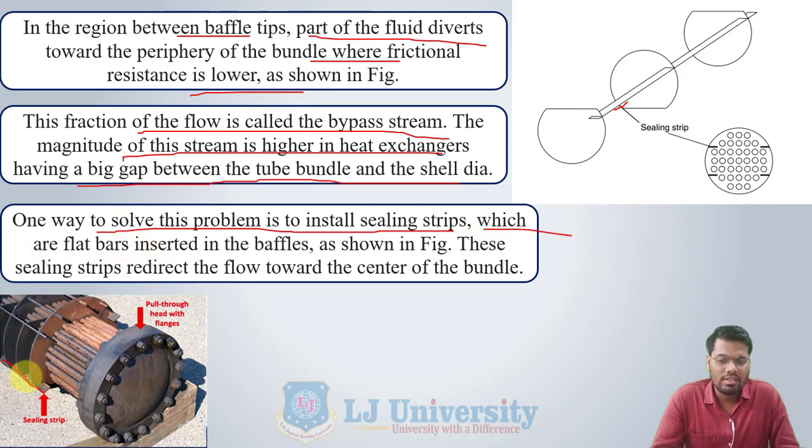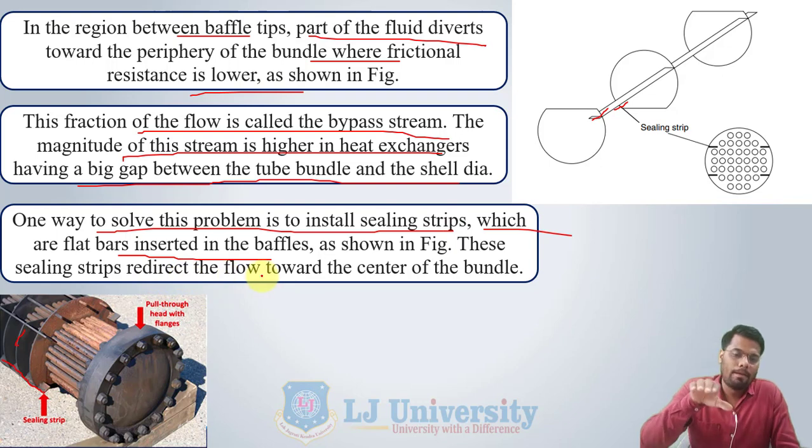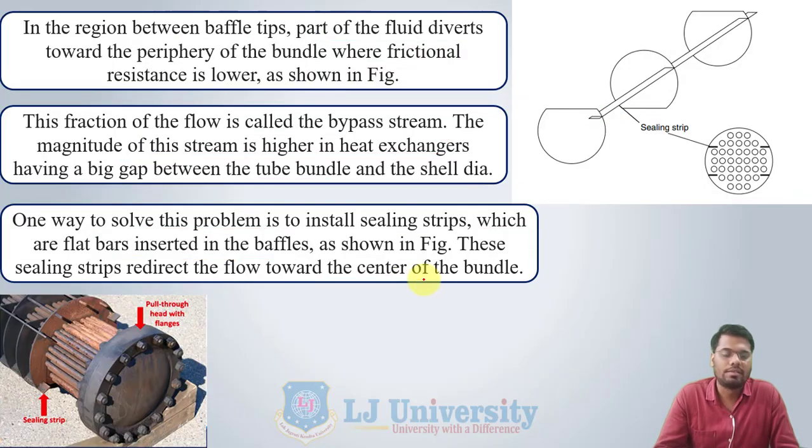Here you can see that these are the sealing strips, flat bars inserted in the baffles. These are the baffles and these strips are inserted in them. This sealing strip redirects the flow. It guides the flow in the direction of the tube outer surface toward the center of the bundle.